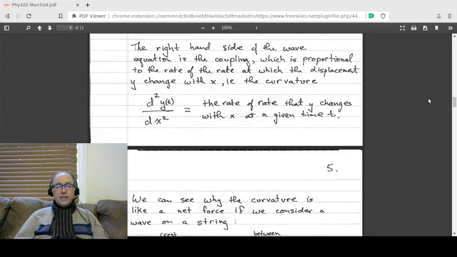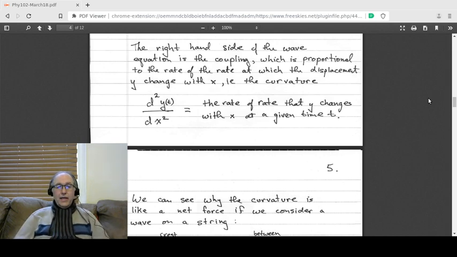It's basically saying, how is this oscillator's displacement at x influenced by the displacement of the oscillators to the left and to the right of it? The second-order differential with respect to x is looking to the left and to the right of an oscillator at x. That's the coupling.